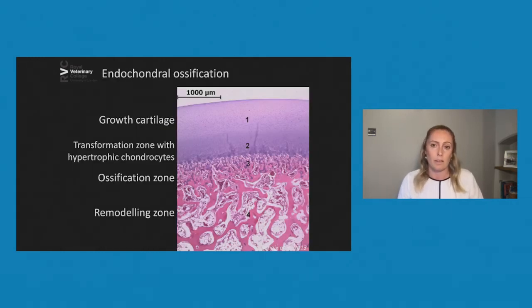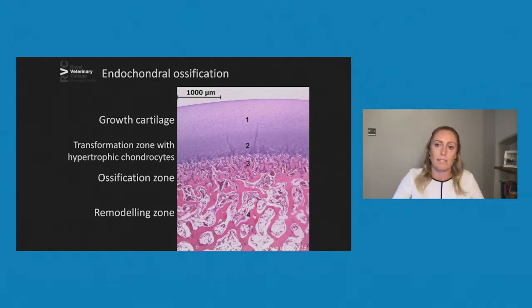So going back to thinking about endochondral ossification, at the ends of the bones or at the articular surfaces, this thick cartilage area, which we've been looking at so far, functions as a type of growth plate similar to the physes we see at the end of long bones, which help lengthen the bones.